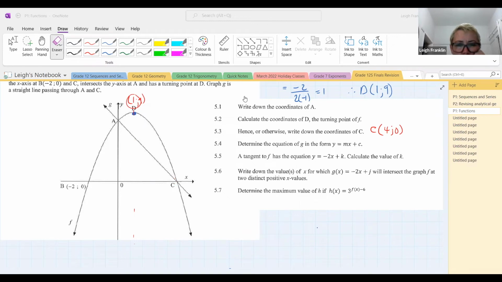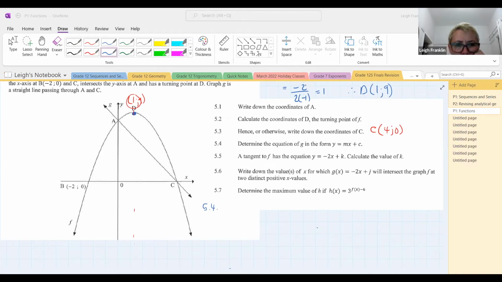Into what formula can you see there? Yeah, so you need the gradient of the line.